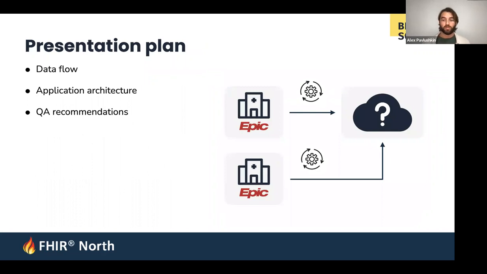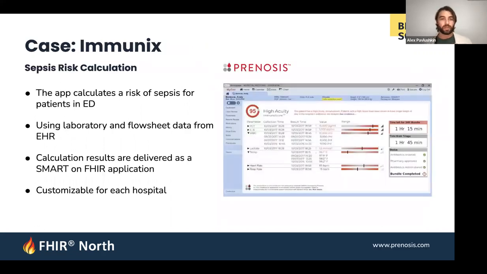So what I'm going to talk about: let's discuss data flow, application architecture, and some recommendations on how we tested this application to be aligned with FDA requirements. To be more specific, I would like to bring an example, the application we did with Prognosis, an Immunex platform.